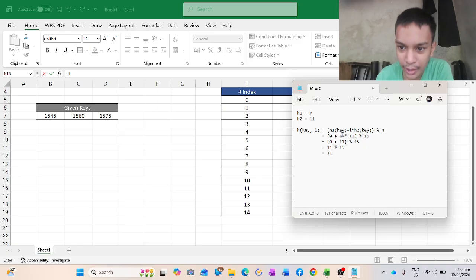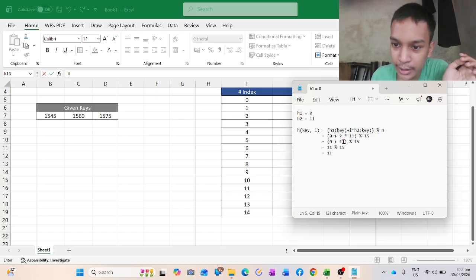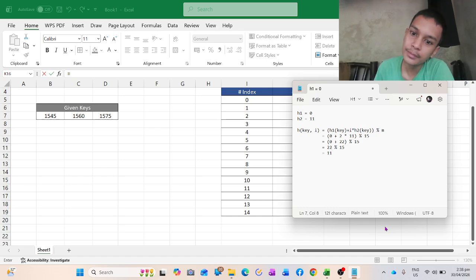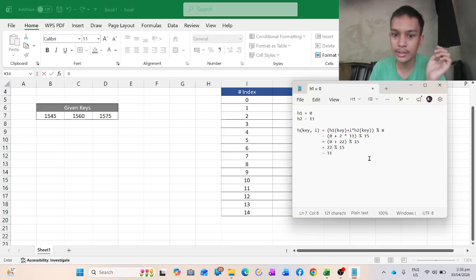So now we're going to update this. 2 times 11 is equal to 22. 0 plus 22 is 22. 22 modulo 15 is 7.